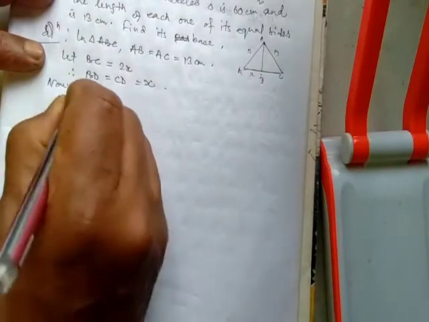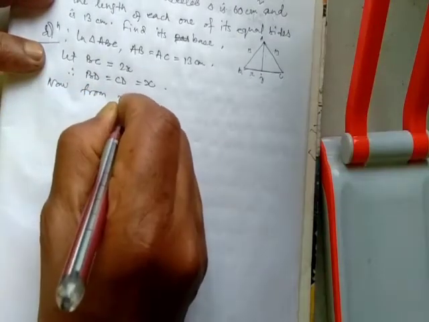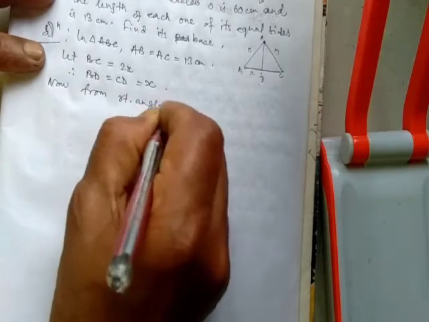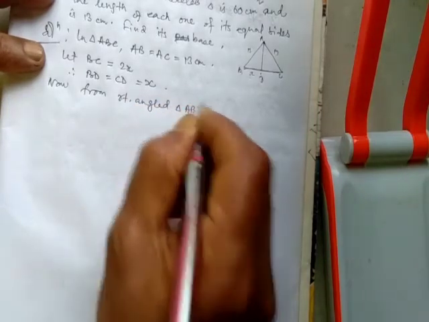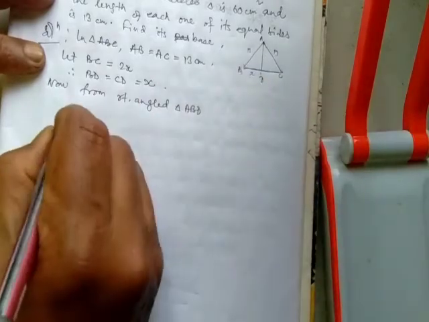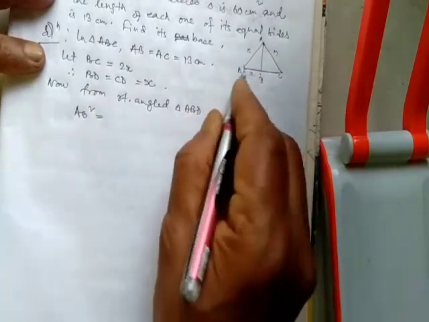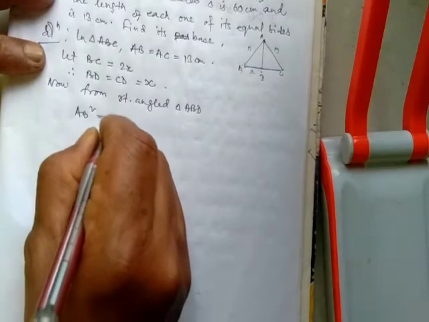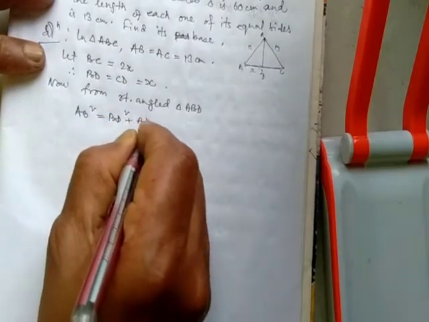Now we'll take the right angled triangle ABD. Hypotenuse is AB. AB square is equal to BD square plus AD square.